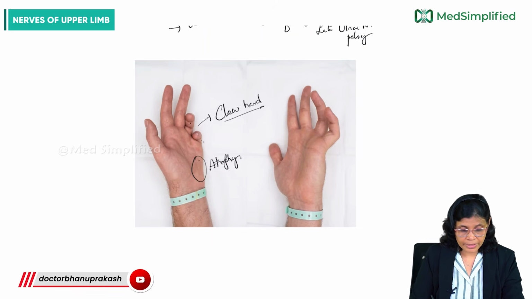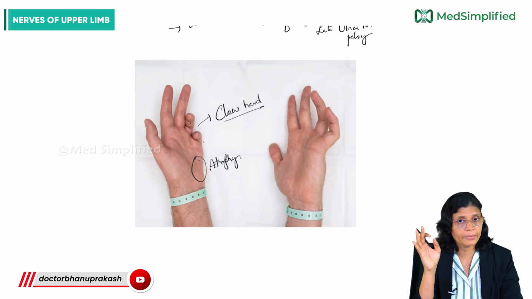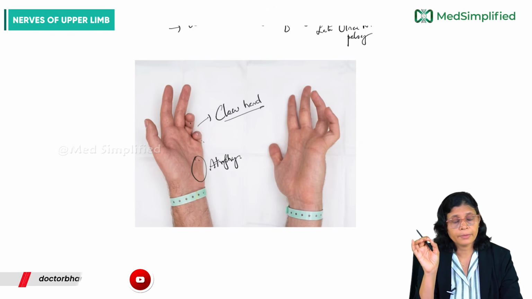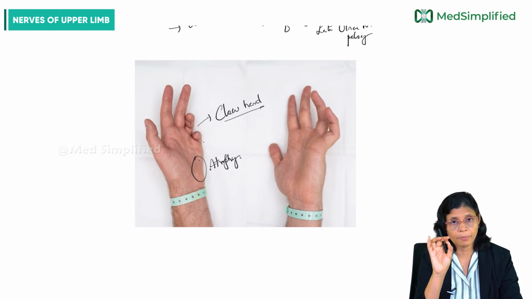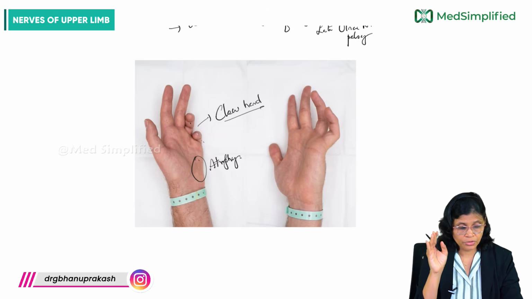There is loss of abduction and adduction. Why? Because the palmar interossei bring about adduction, and the dorsal interossei bring about abduction, so both abduction and adduction are lost.